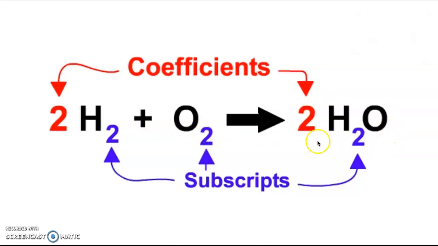And then over here on the product side for my water, this subscript is only going to apply to the hydrogen and not to the oxygen. So I've got 2 water molecules times 2 hydrogens, so I've got 4 hydrogens total in my water molecules. And then I'm going to take that coefficient 2 times my subscript of 1 by the oxygen, so I've got 2 times 1, or 2 oxygen atoms in my equation here.